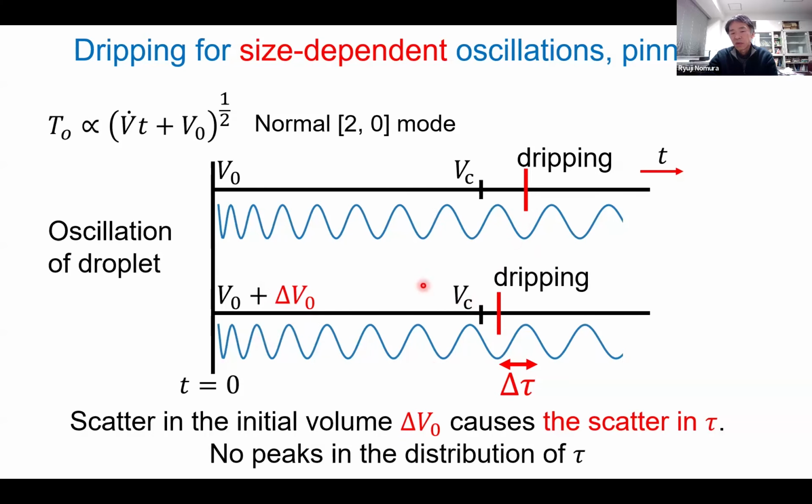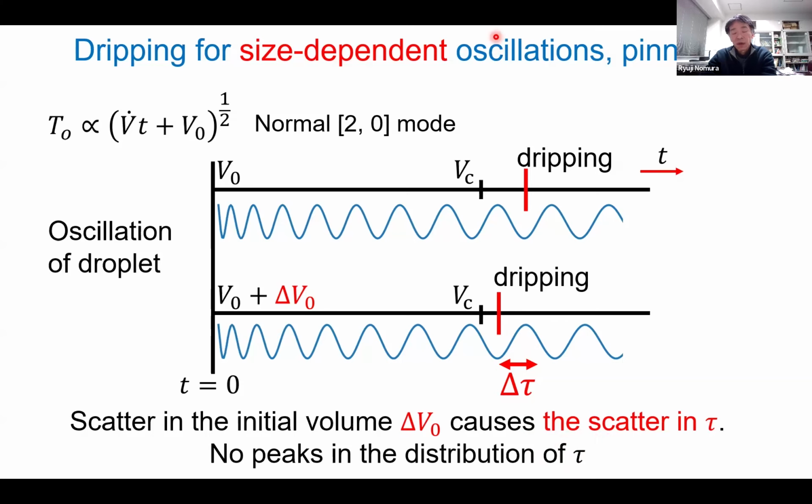So these two trajectories are different, and this makes the difference in the timing of the dripping. So the scatter in the initial volume, delta V0, causes a scatter in the timing of the dripping, tau. And this causes no peaks in the distribution of the dripping period, tau, for the pinned, normal case.